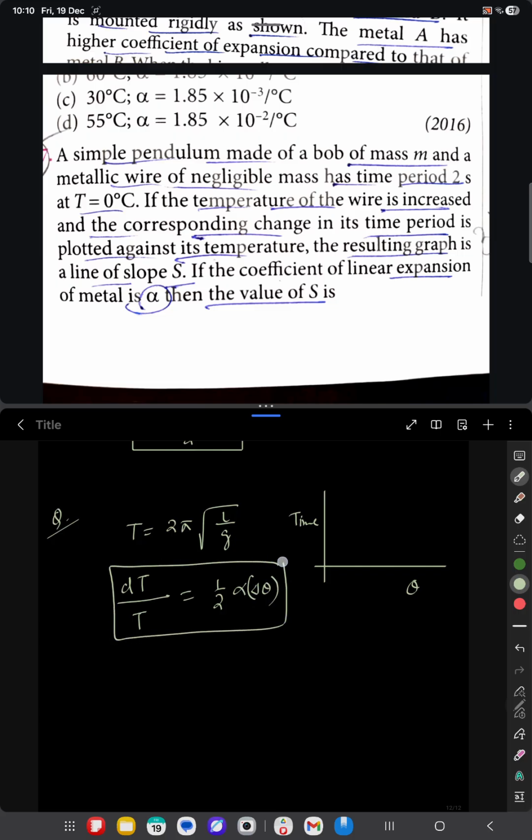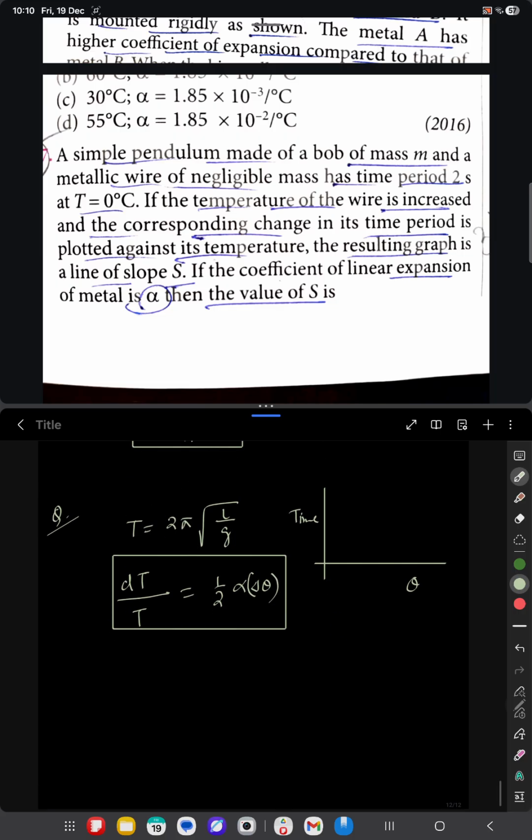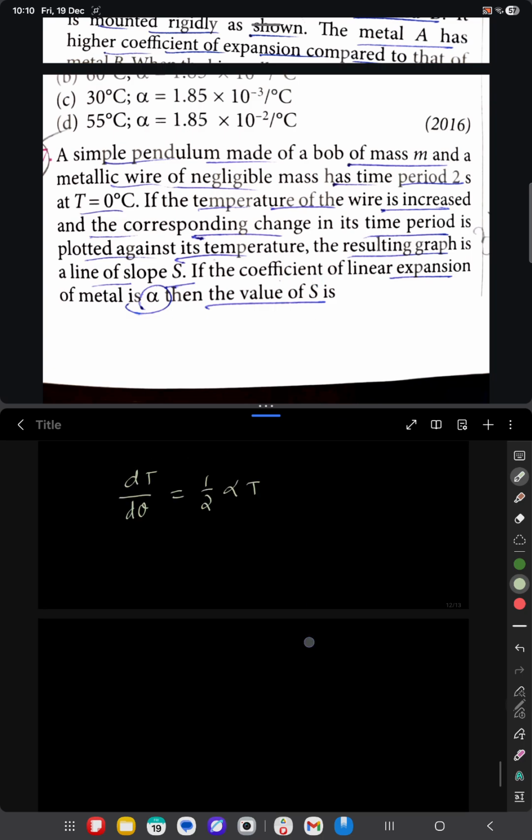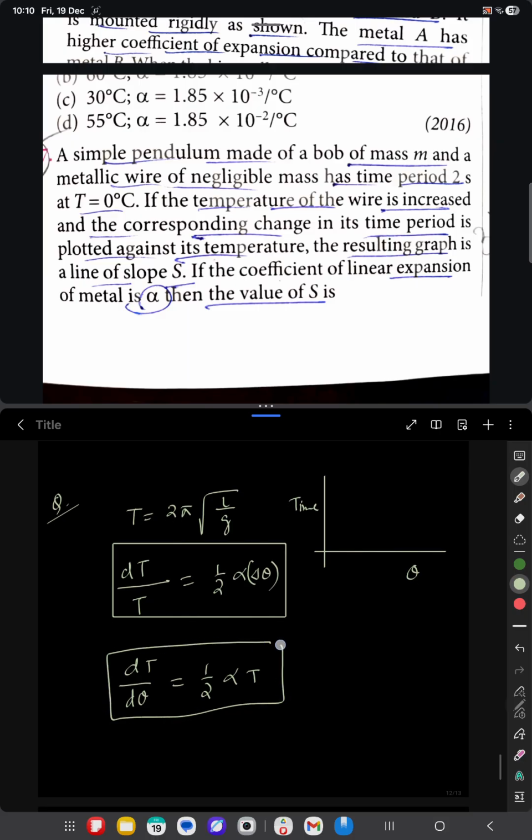So dT by d theta becomes alpha T by 2. This is the slope of the graph.